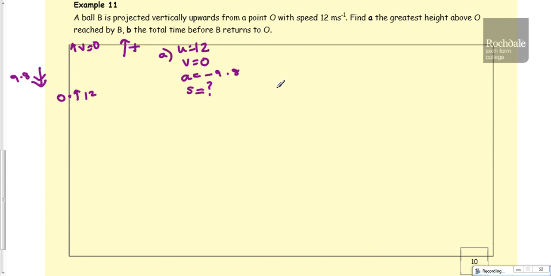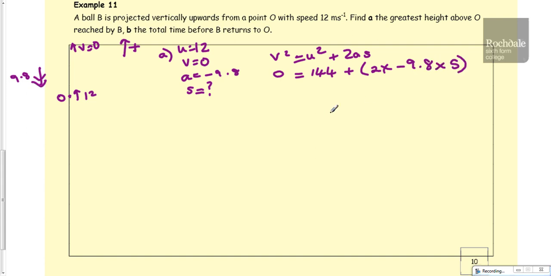Looking at that equation, I think we're going to use v squared equals u squared plus 2as. Substituting in the numbers, v is 0, so when you square it, you also get 0. 12 squared is 144. And then we've got 2 times a times s, which is what we don't know.